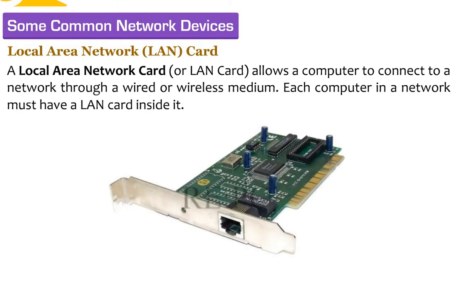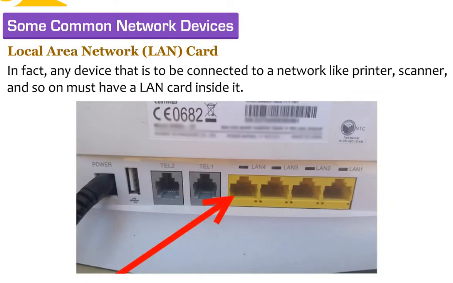A LAN card allows a computer to connect to a network through a wired or wireless medium. Each computer in a network must have a LAN card inside it. In fact, any device that is to be connected to a network, like a printer, scanner, and so on, must have a LAN card inside it.